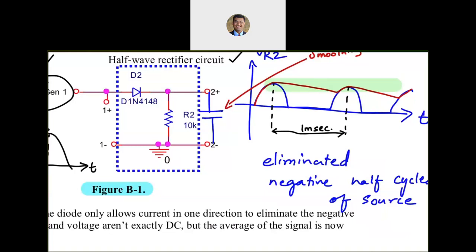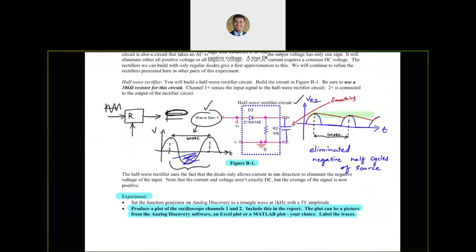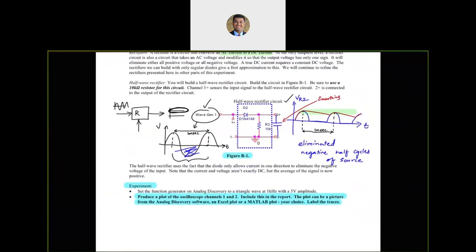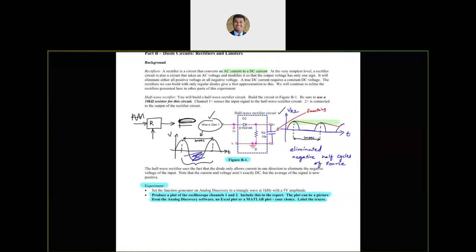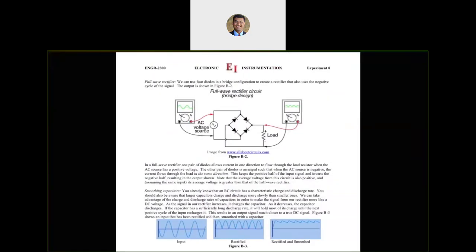But that is useful for comparison, because in half wave rectifier, we essentially increase the frequency by a factor of 2, meaning we reduce the time period of this output by a factor of 2, and we'll take a look at that in just a bit. So that's your half wave rectifier with a smoothing capacitor.